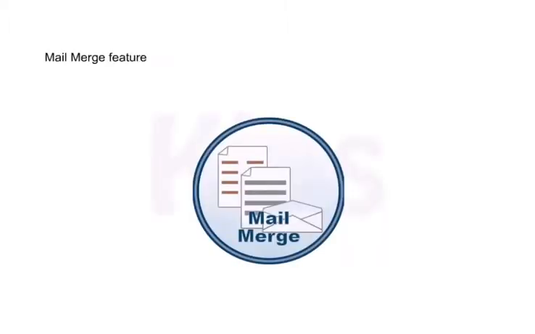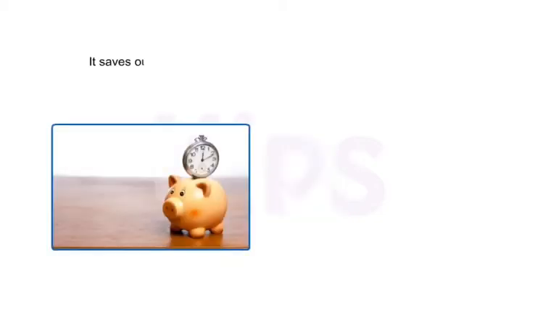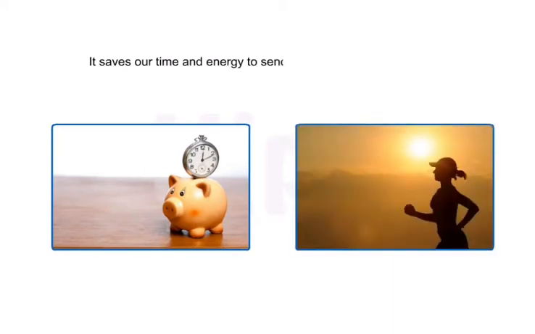The Mail Merge feature of Word 2016 is used to combine a data source, which contains all the addresses, with the main document. It saves our time and energy to send letters to multiple addresses. Data source.